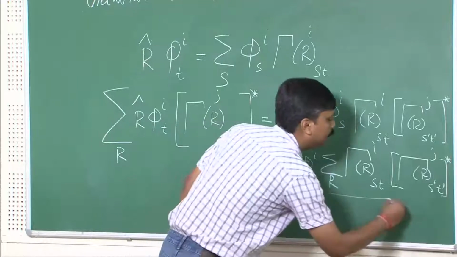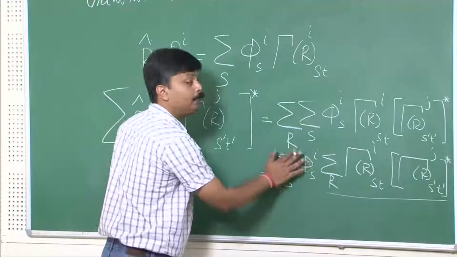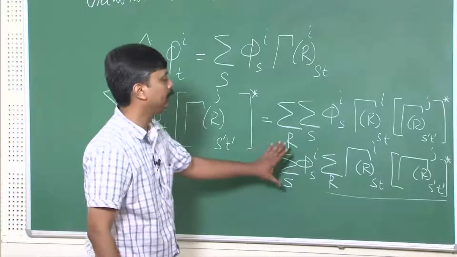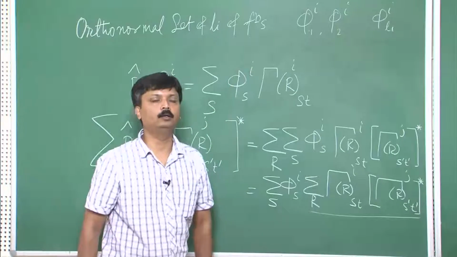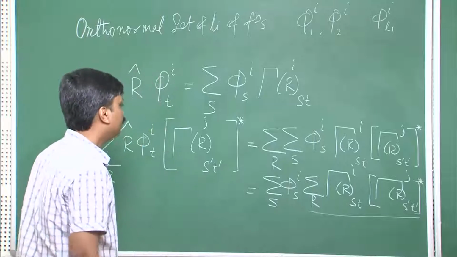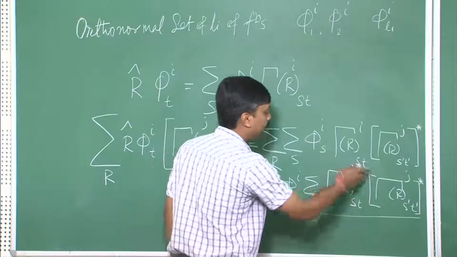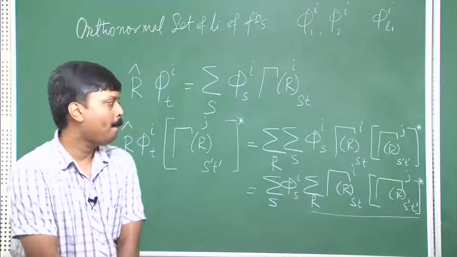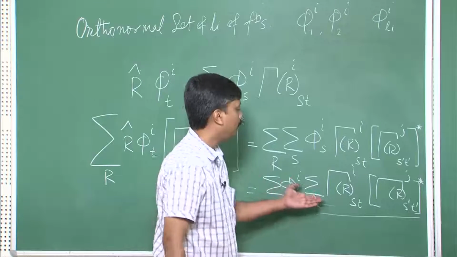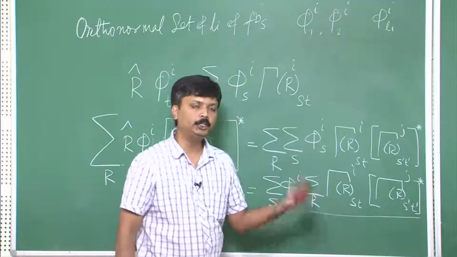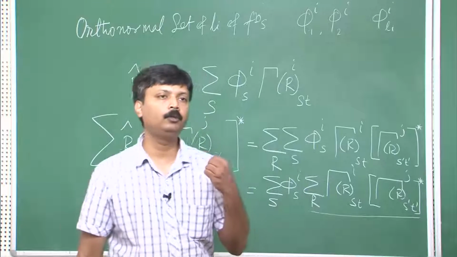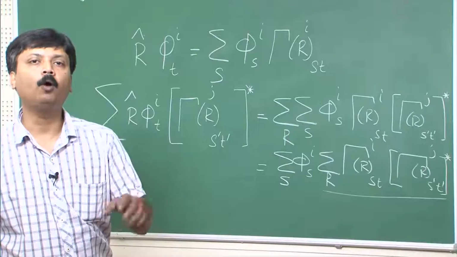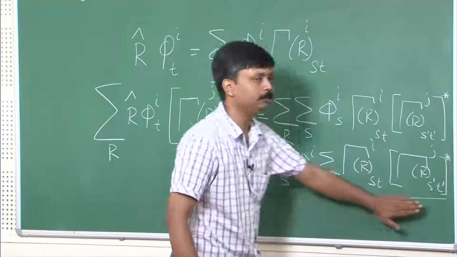So this part is a coefficient which is multiplying this phi s, and I can get Li number of such products. Fine. Now, if I consider this particular coefficient, what does it tell me? This coefficient is the summation of the products of two irreducible representations over all the symmetry operations. That's what it tells me, right?